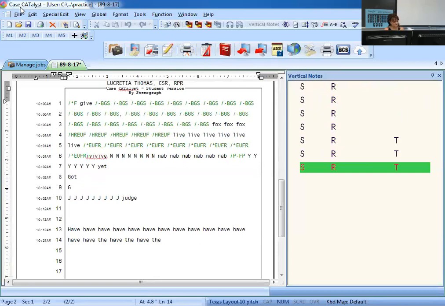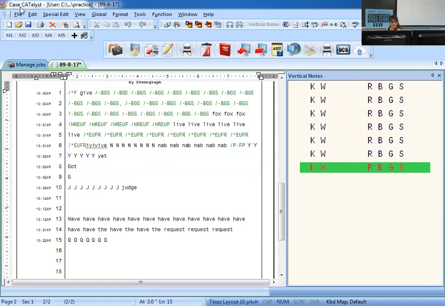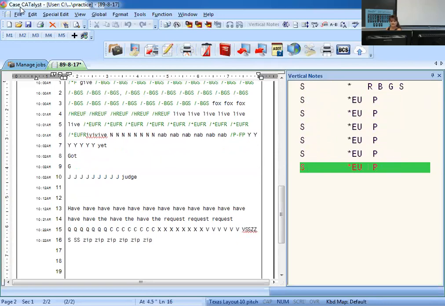You've got Q: KW is Q. KR is the soft C. KP is the X. SR is the V. S asterisk is the D. S asterisk, IP. Zip. Okay? And always remember those.